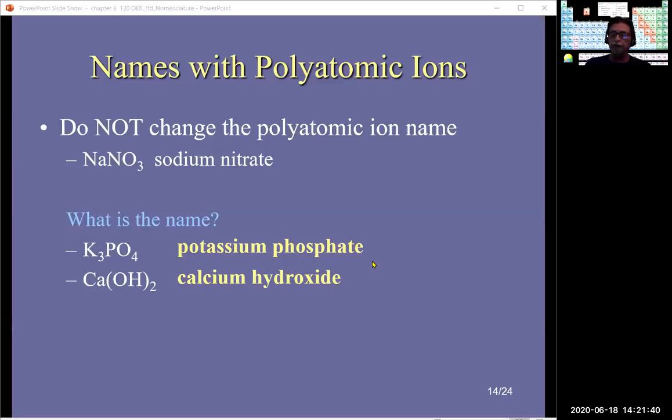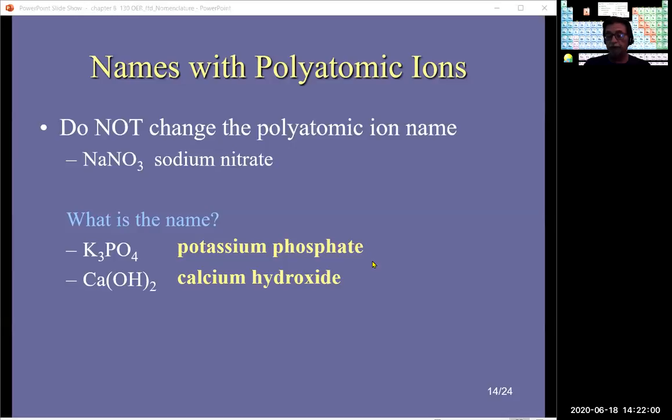You'll find a lot of naming stuff out here in the real world. For whatever reason, they used to use the prefixes. So if you read the labels, you'll see a lot of misnaming of compounds. You might be familiar with calcium hydroxide.